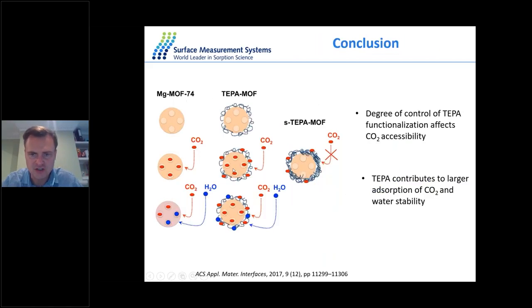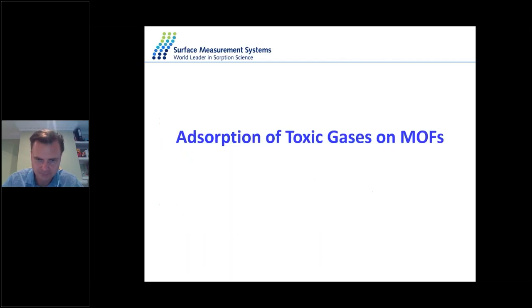So the conclusion is that functionalization improves the accessibility of CO2, and also improves the CO2 adsorption capacity in the presence of water if you use only 1% of amines. If you completely saturate the MOF with these amines, then some of the CO2 sites will be excluded from the adsorption process.